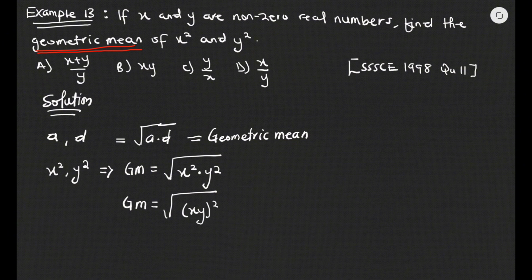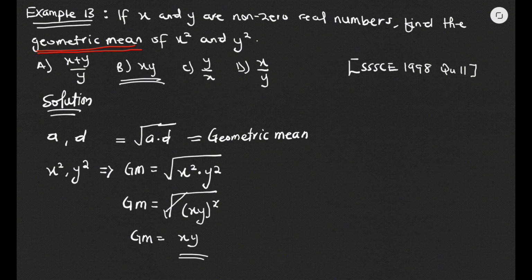I bring the square outside to multiply both, so it is still the same thing. And from here, my geometric mean is equal to, I have a root sign here and a square over here, they cancel each other out, so I have xy left over here, and that becomes my answer for this particular problem. So option B, which is xy, is the correct answer for this question.